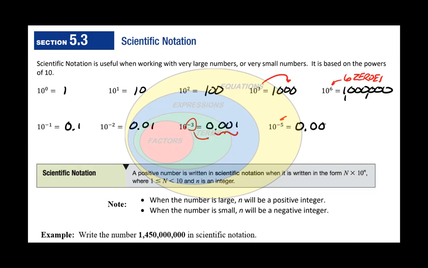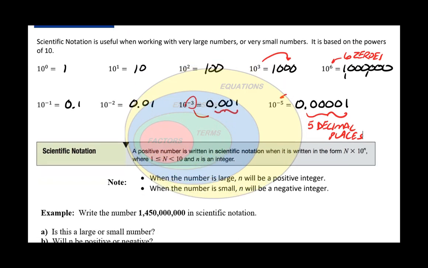So 1, 2, 3, 4 zeros, and then a 1, and this would be in the 5th decimal place, or 5 decimal places, right? So we can use positive powers to represent big numbers, and negative powers of 10 to represent small numbers.